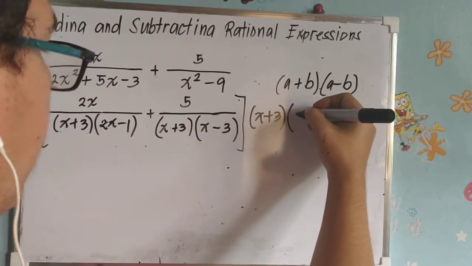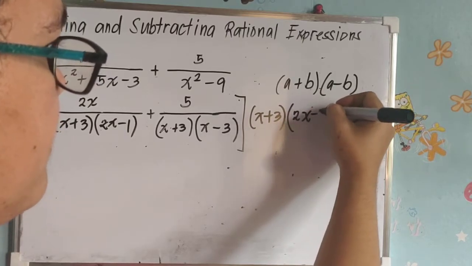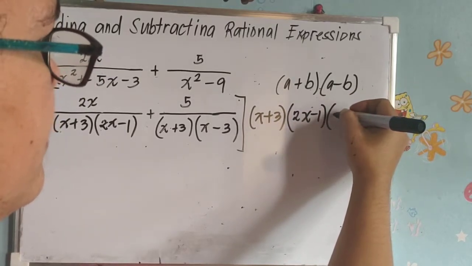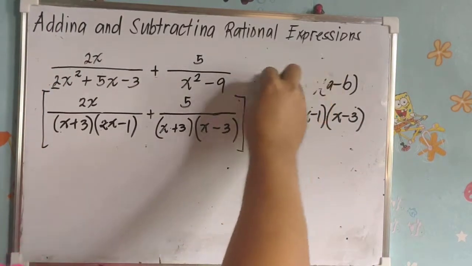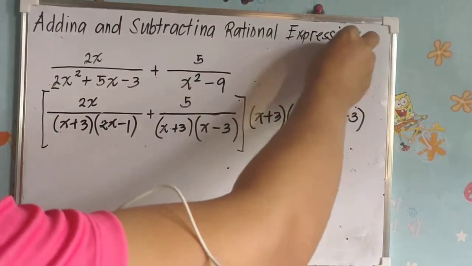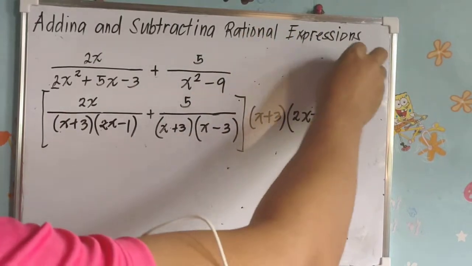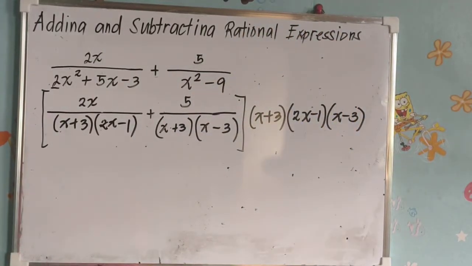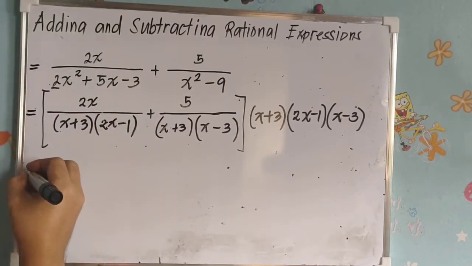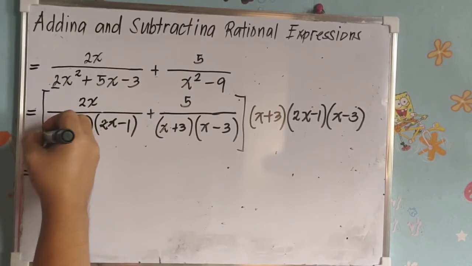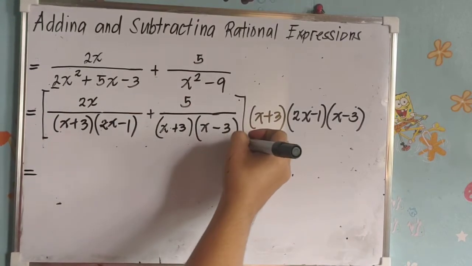So we are going to get the two distinct factors, 2x minus 1 times the quantity x minus 3. Okay, so I think this will be a little bit lengthy, so just bear with me.